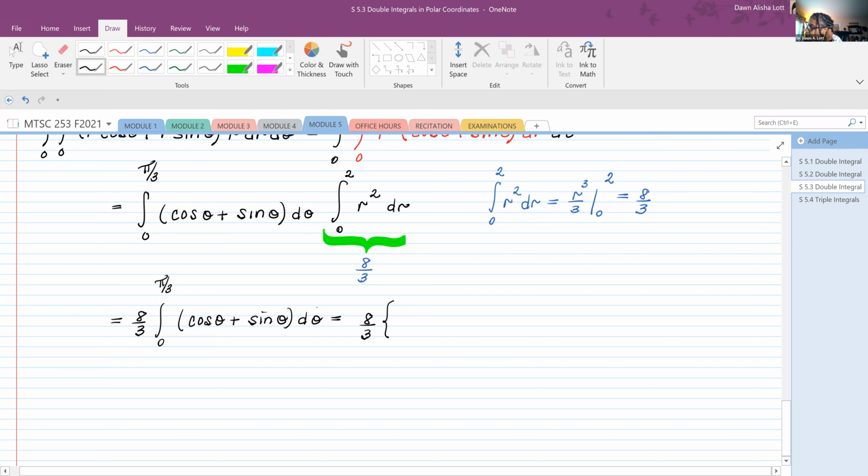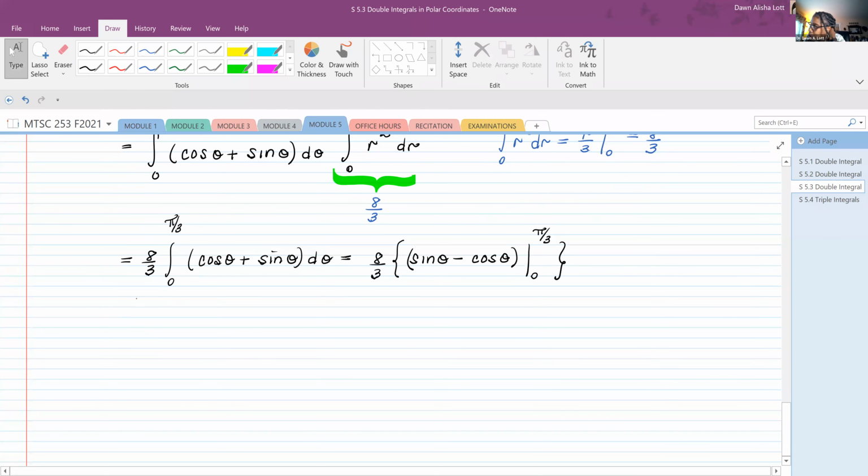I'm going to get sine of theta minus the cosine of theta, evaluated between 0 and pi over 3, as the last part of my answer. So this is 8/3.